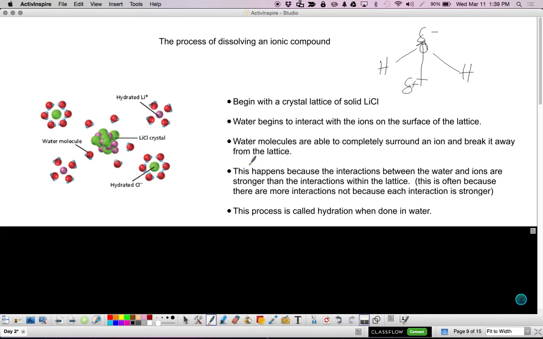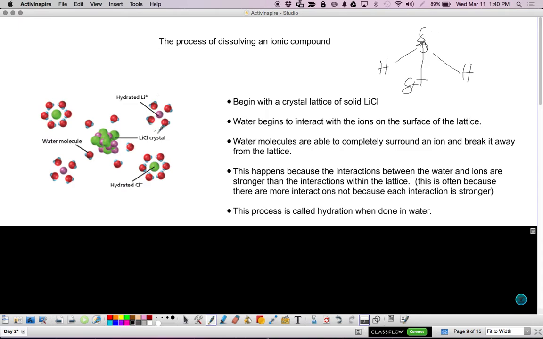Now this happens because the interactions between water and the ions are stronger than the interactions within a lattice. Most of the time, this is because there are more interactions. So where in a lattice, a lithium ion might interact with, let's say, 4 chloride ions, in solution, it's going to be surrounded by a whole bunch of waters.